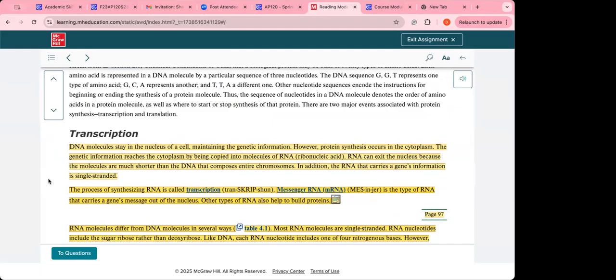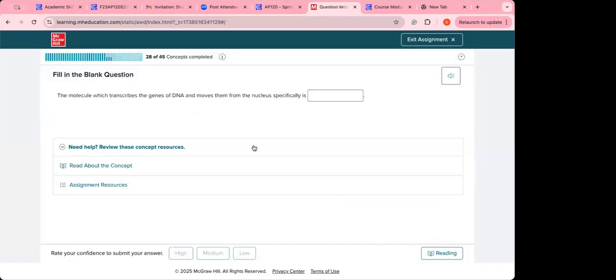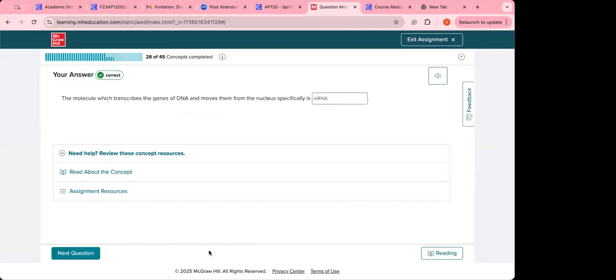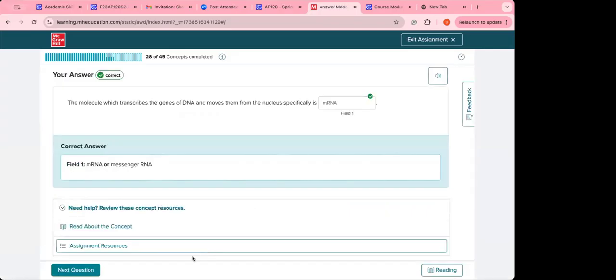The word in blue parenthesis, small m with RNA next to it, I think is what they're looking for here. I think that's what they want right here.